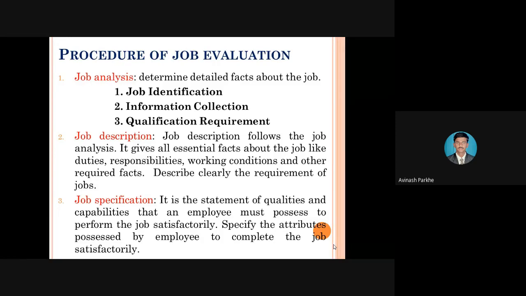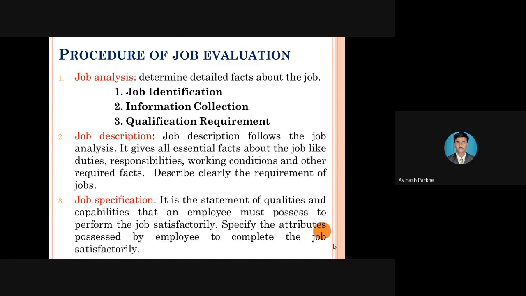Whatever jobs are available in the industry, each and every job has its own manufacturing process, and through this manufacturing process we can identify the job. Because if the job is not available, it is not possible to implement the job analysis process, or the job evaluation process. Therefore, the first step is important, which is called job identification.